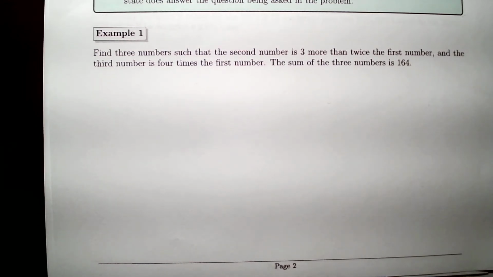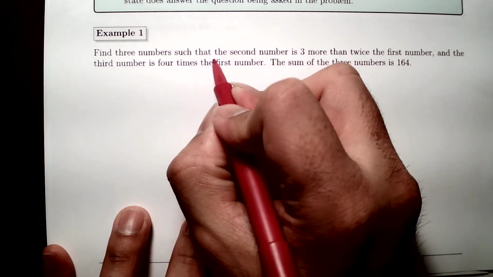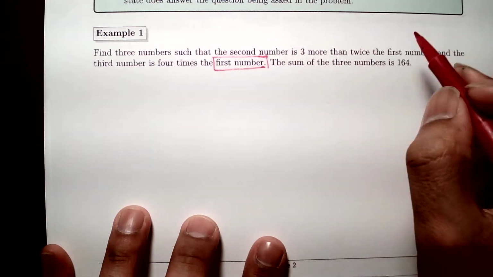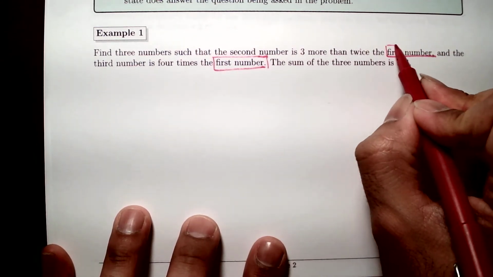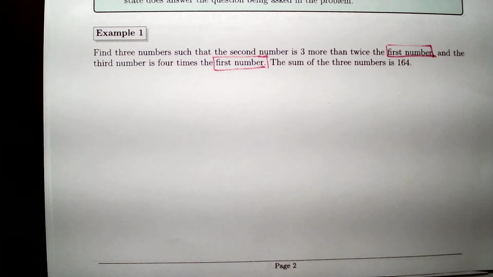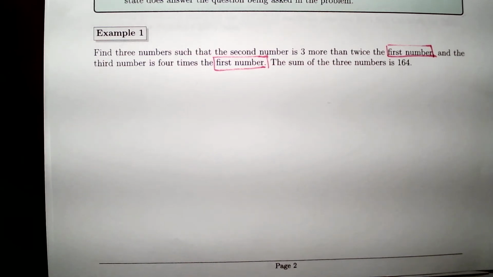What's interesting here? First of all, notice how everything is about the first number. Everything gets referenced to the first number. That's going to be our reference. That's what we're going to give some letter, some kind of variable.